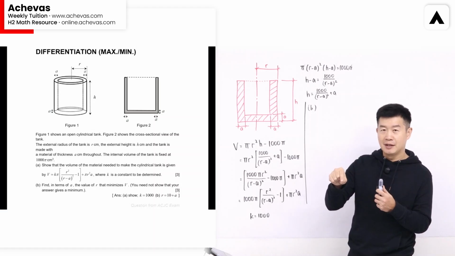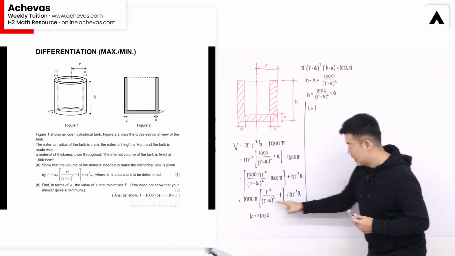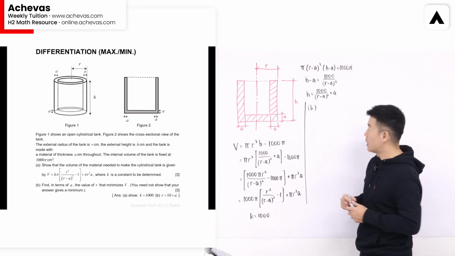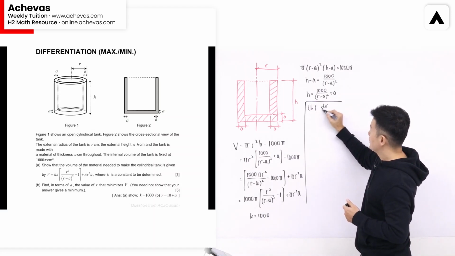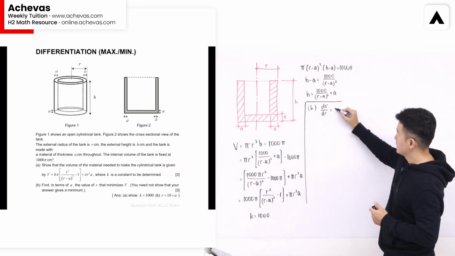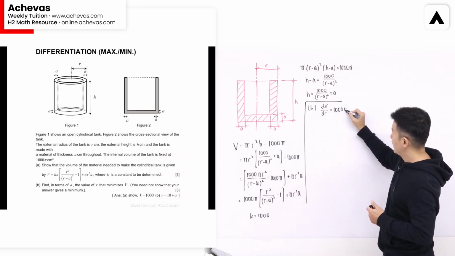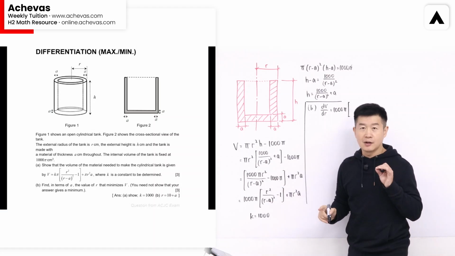such that this happens. So the first thing that we are going to do is, we're going to differentiate this with respect to r. So let's find dv/dr. dv/dr is going to be equal to, differentiating this, 1000 pi, which is a constant. I will just let it be. As for what we have here, I'm going to apply the quotient rule.